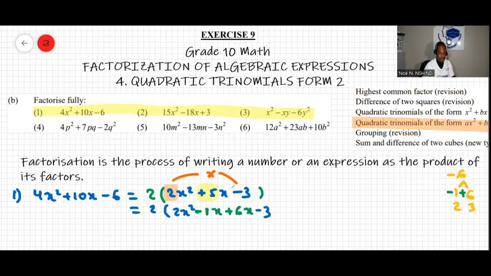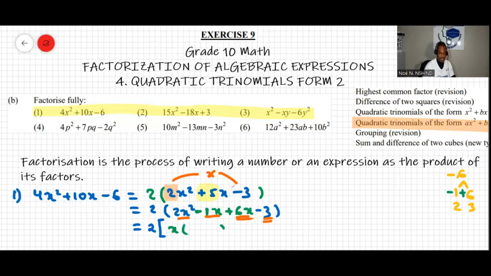Now we can factorize by grouping, the first 2 terms and then the last 2. I can even put square brackets here now. For the first 2, the common factor is just x, so I say x here, and then bracket.